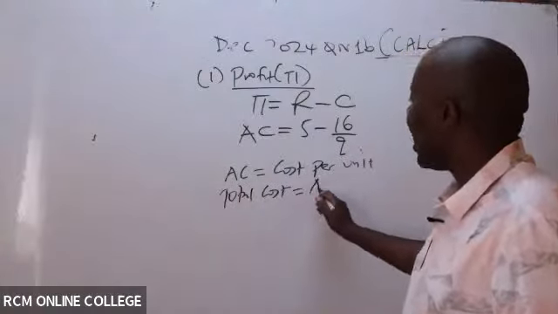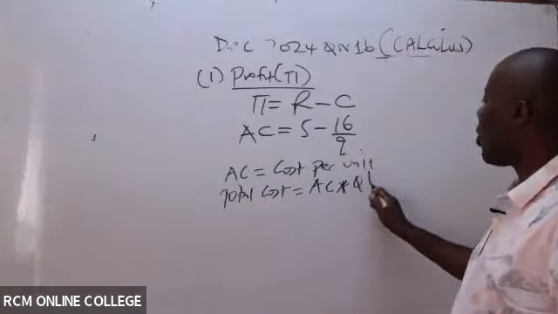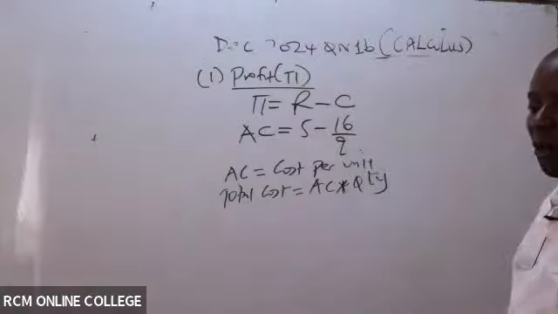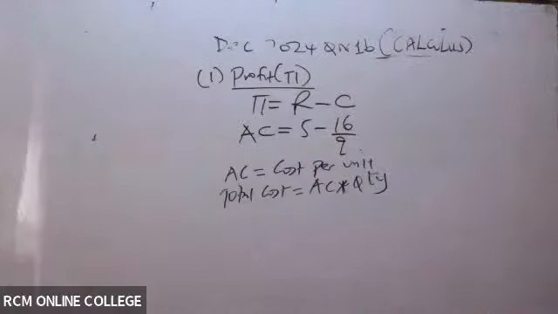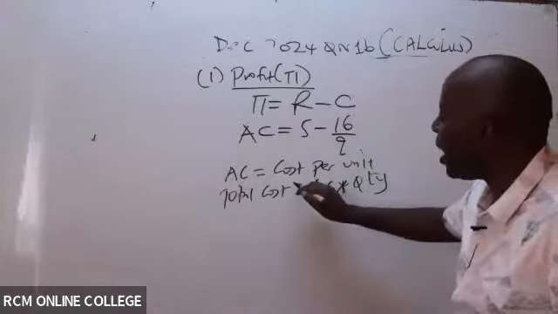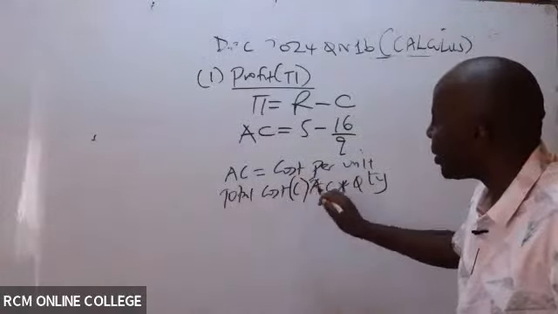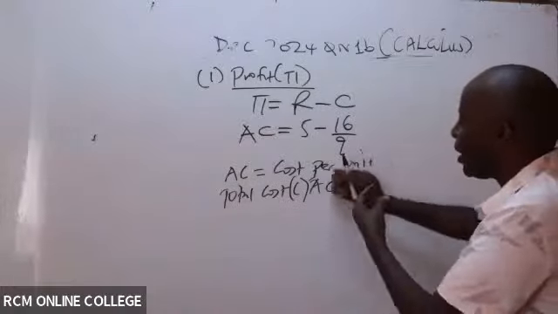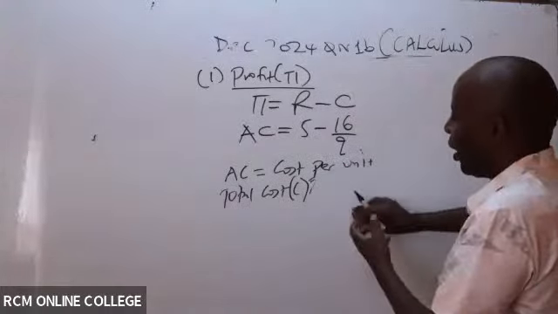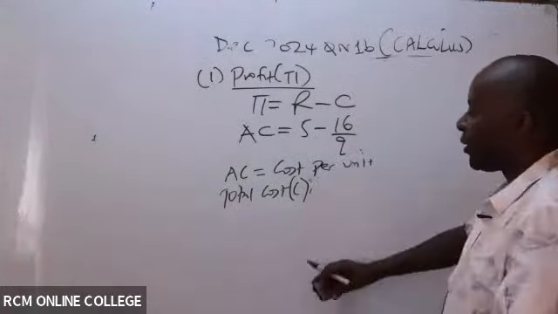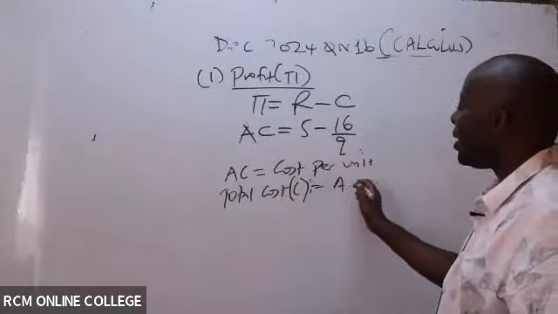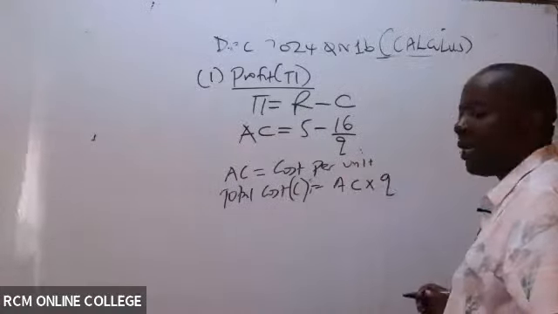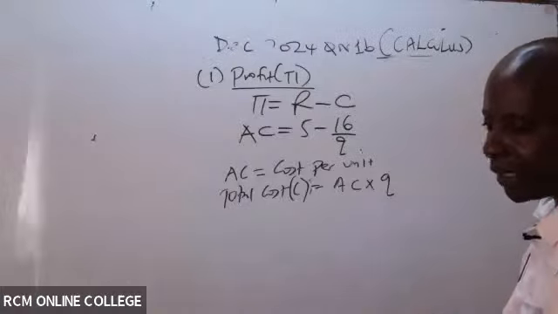Total cost will be average cost times quantity. So to get total cost, that I'll be calling C, I will take average cost, because that is cost per unit, times all the units, which is quantity Q.